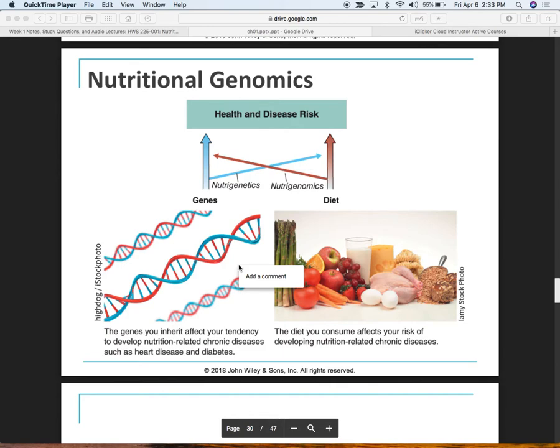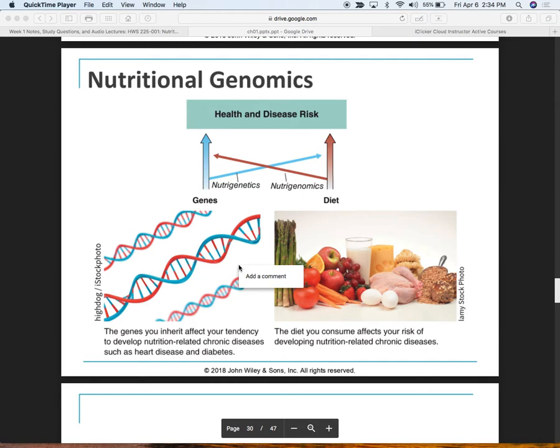Nutrigenomics is the study of how different nutrients affect the expression of different genes. And this is really at the tip of the sword in terms of its development. And I think it's useful that we're talking about it so that it's on your radar. But these are the types of things that are going to eventually lead to personalized and individualized nutrition.